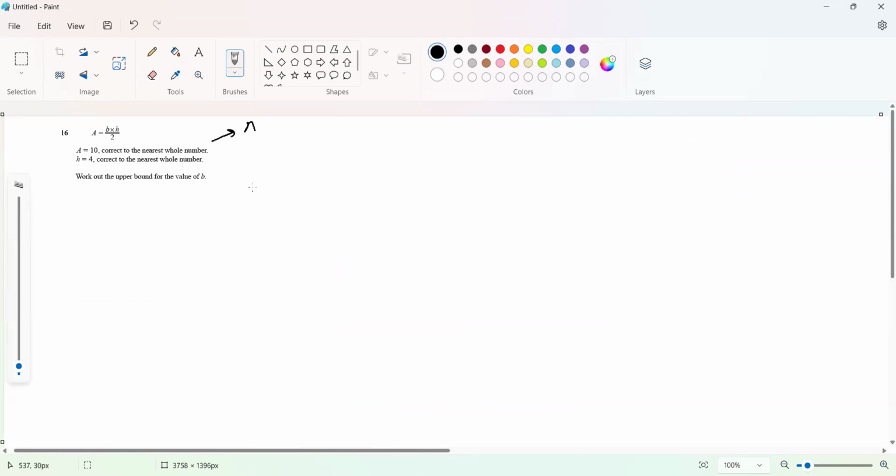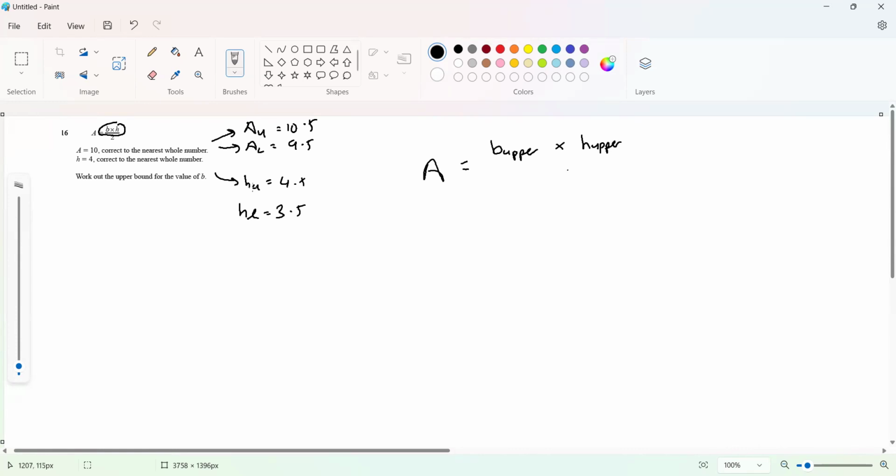In other words, a upper is going to be 10.5, a lower is going to be 9.5. h upper is also going to be 4.5 and h lower is going to be 3.5, right? So we want to find the upper bound of b.